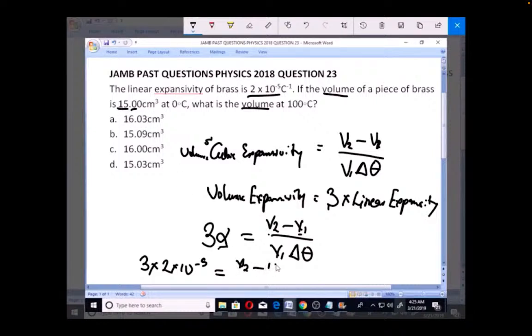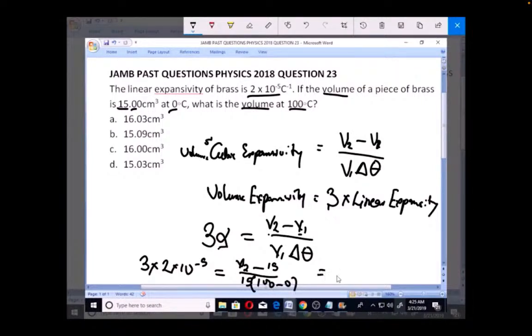So I'm going to write 15 here, all over the initial volume, which is also 15, times change in temperature. The change in temperature is 100 minus 0, which is 100.